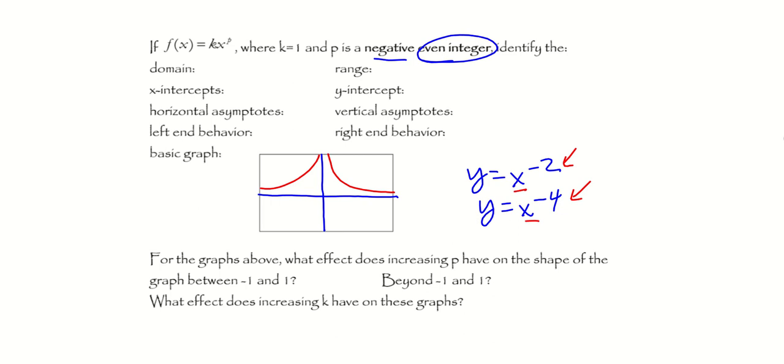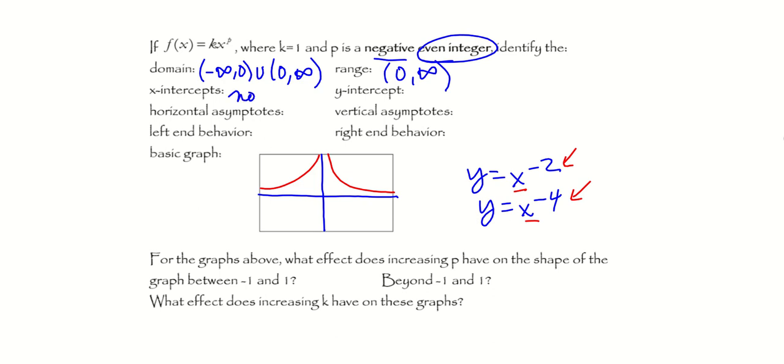In these functions, our domain is negative infinity to 0, and then 0 to infinity. Just like when we had a negative odd integer, our range is always 0 to infinity. These graphs are always above the x-axis, again, because of that even exponent.